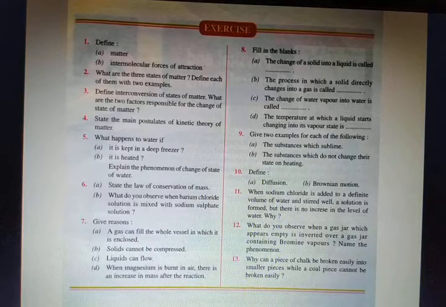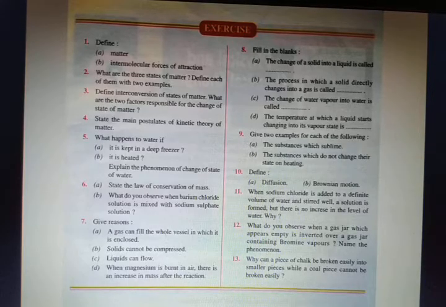Any other queries you have, you can ask the teacher you are comfortable with. I want to tell you something: do write these questions down in your exercise books or copies. But right now do not submit your exercise books, that means do not take photocopies of the work you have done.